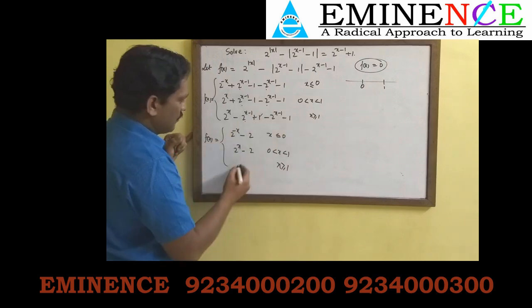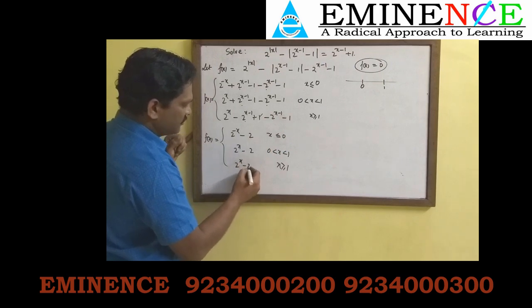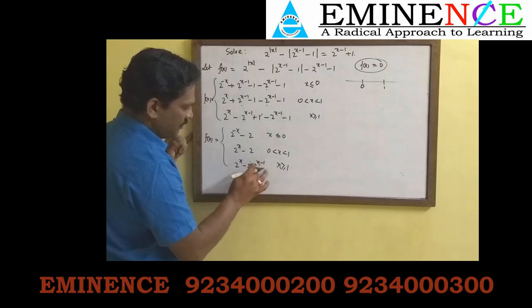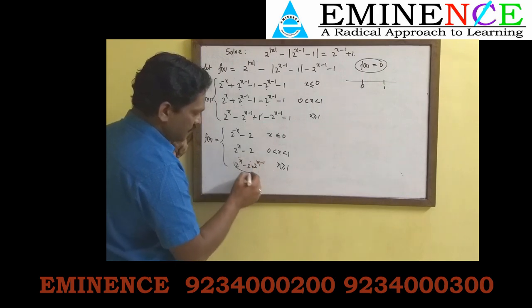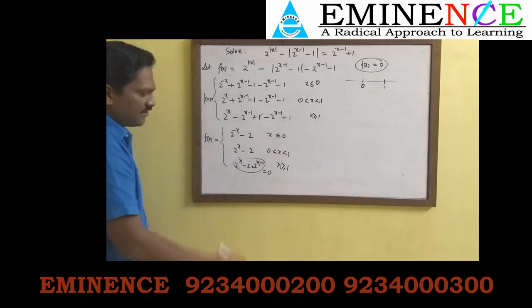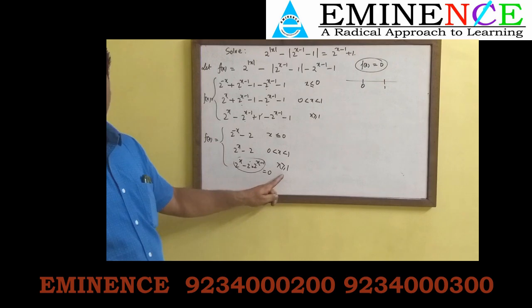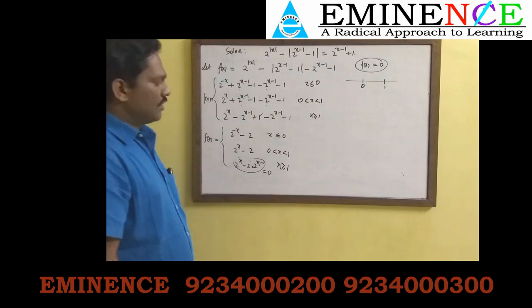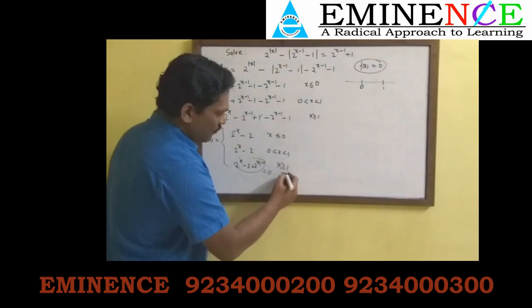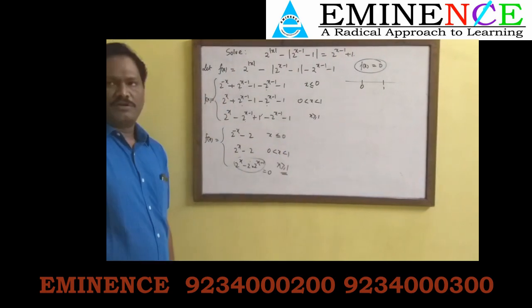So 2 to the power x minus 2 to the power x, 2 into 2 to the power x and minus 1. So this becomes 2 to the power x and it becomes 0. So this comes out to be 0. So as you can see, f(x) is equal to 0 for all values of x greater than or equal to 1. So f(x) equals 0 for 1 to infinity, that is by default there.